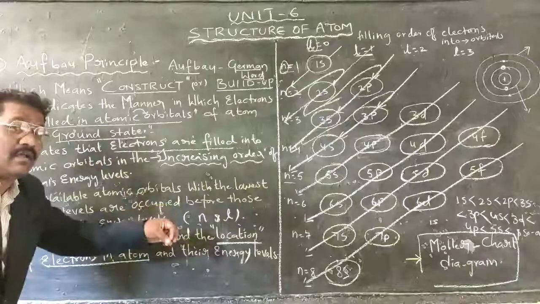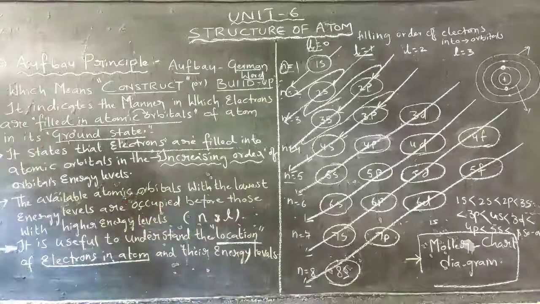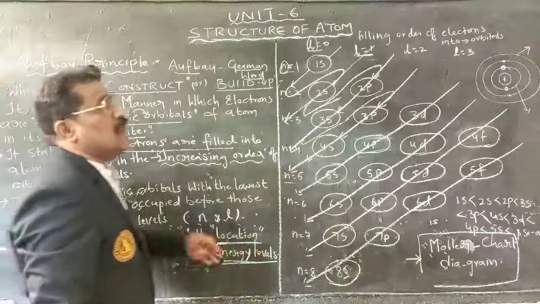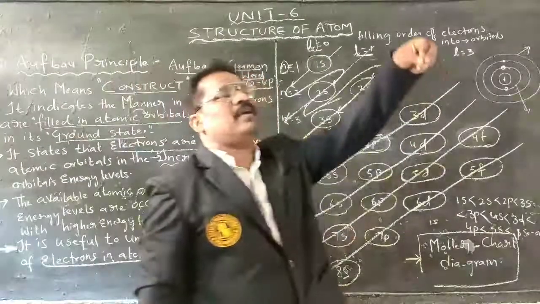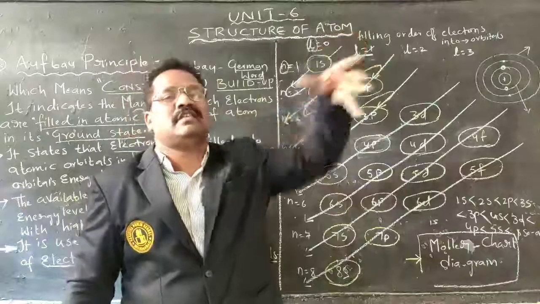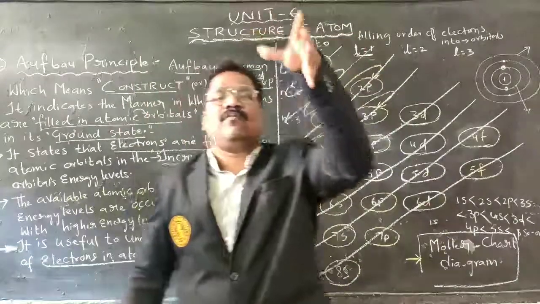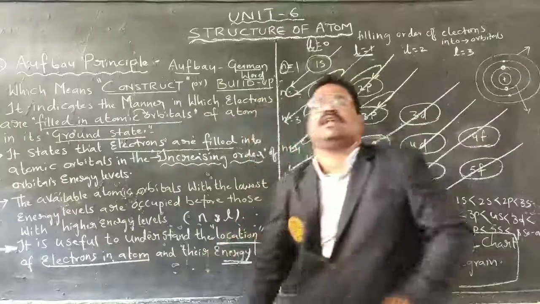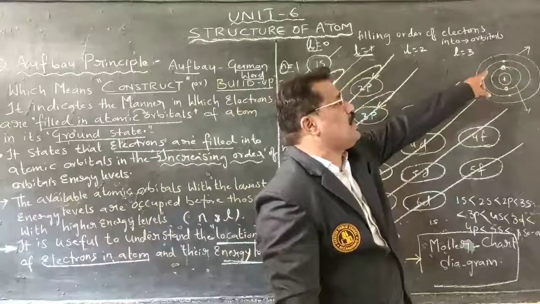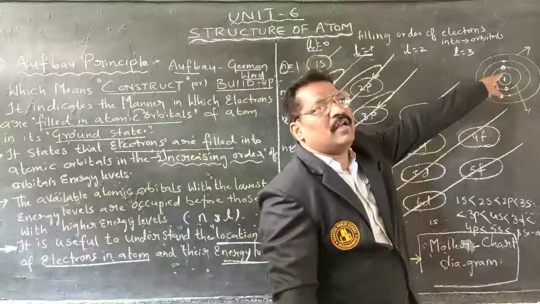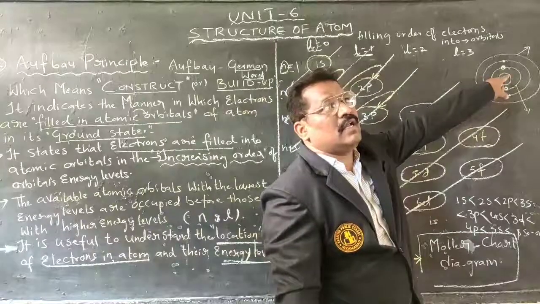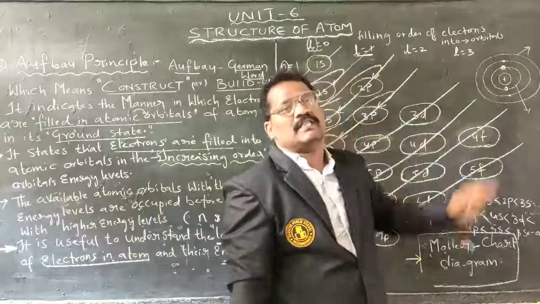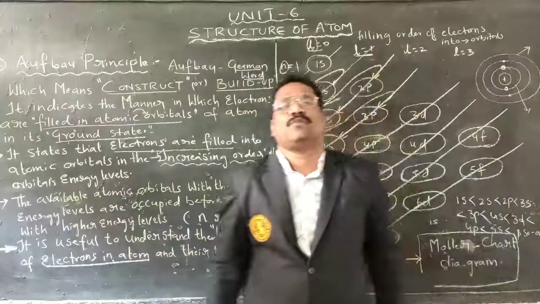In the concerned atom, we can identify not only the energy levels, how much energy a particular orbital has, but also the location of electrons in an atom, in which orbital the electrons exist, can be easily identified by us. This is about Aufbau's principle.